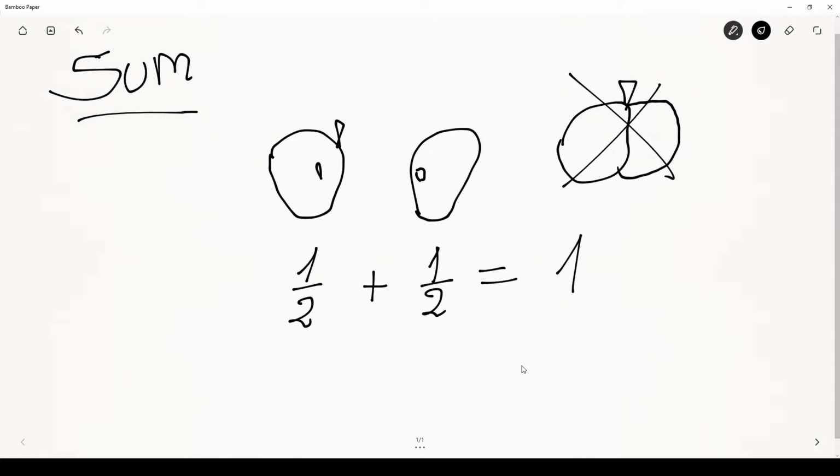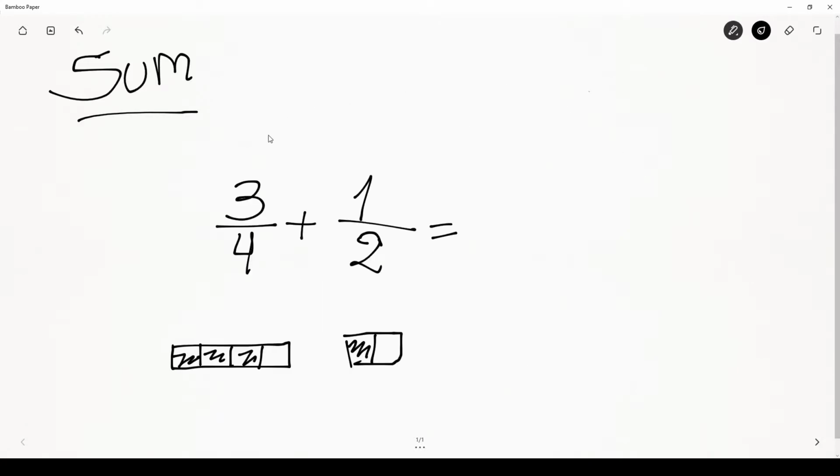Now to sum these fractions we have to take the numerators and multiply them by the other's number denominator. So we multiply 3 times 2, then we sum that, because the operation is a sum, and we make the same process, 1 times 4.